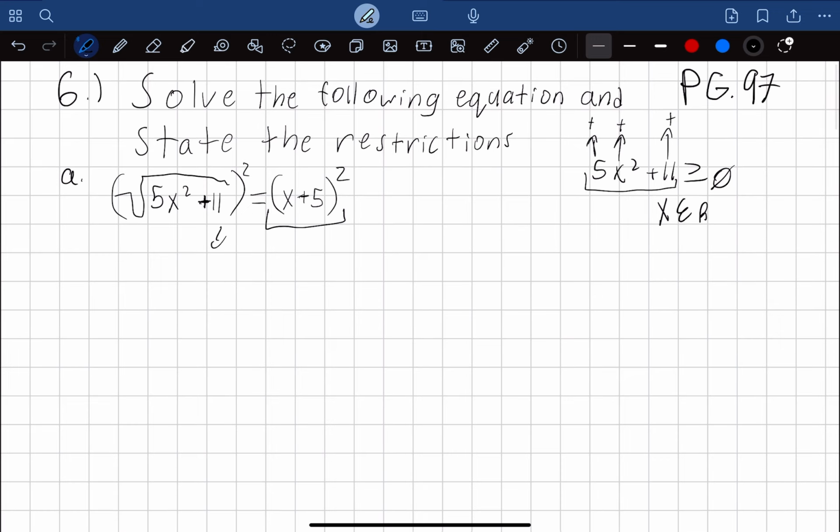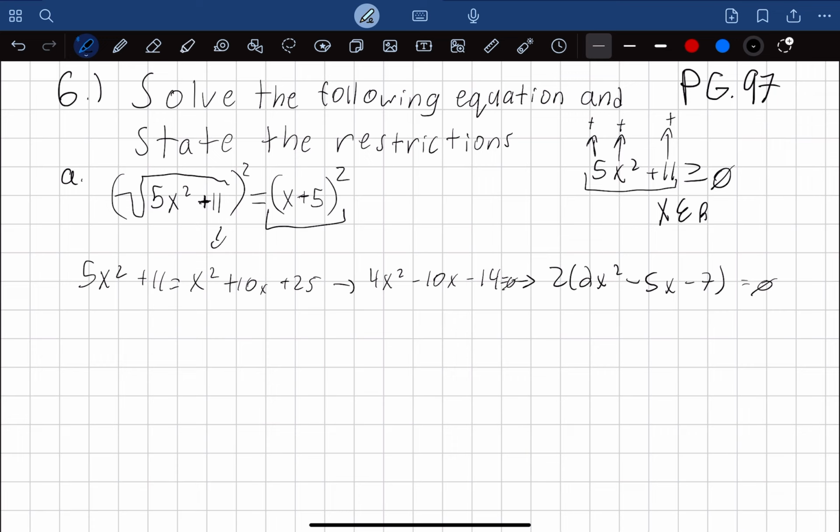So this simply becomes 5x squared plus 11 is going to be equal to x squared plus 10x plus 25, which when put all into one side is going to turn into 4x squared minus 10x minus 14. And then finally, we're going to factor out a 2. So we end up with 2x squared minus 5x minus 7 equaling 0. You do have to state that.